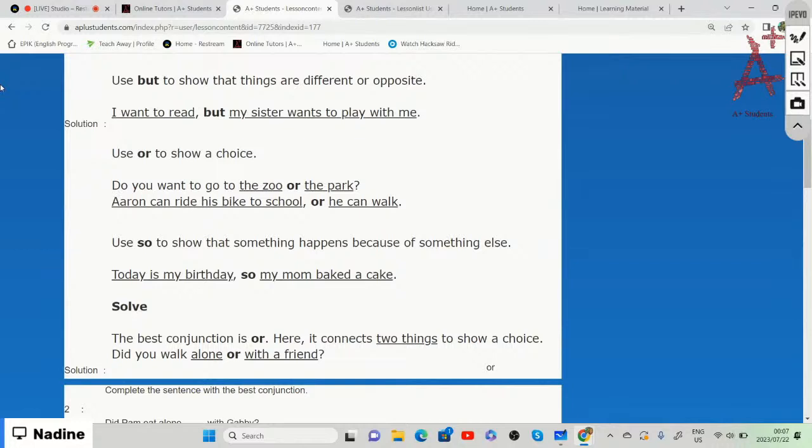Which means that something is happening or something is about to happen, because we use so to show that something happens because of something else. So mom is baking a cake. Why? Because today is my birthday. So mom bakes a cake.